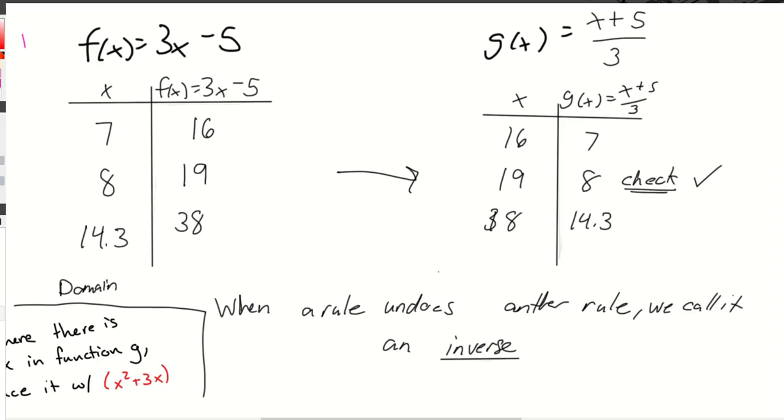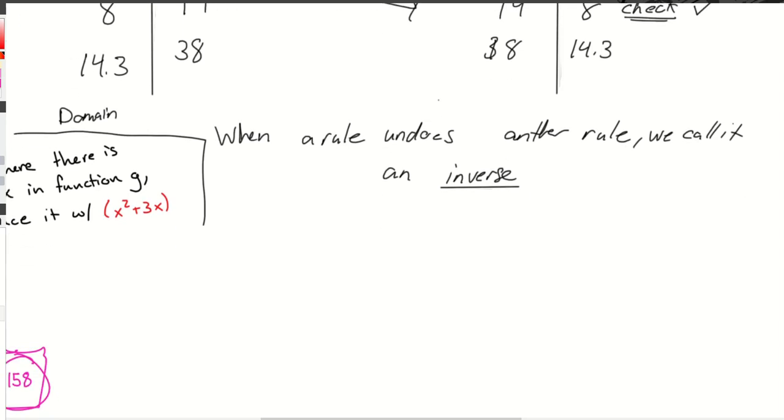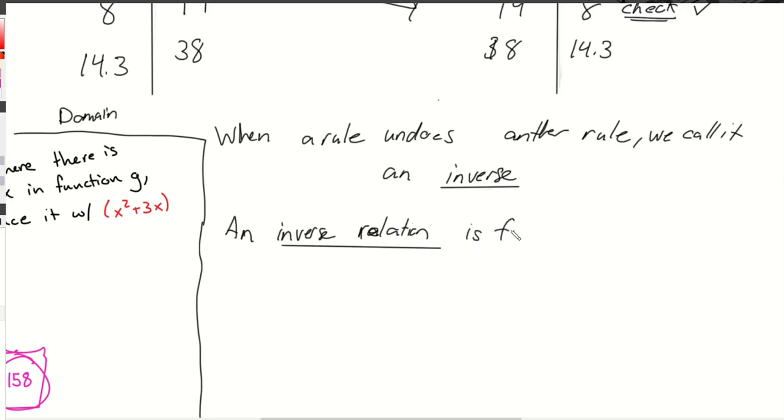So these two functions or rules are inverses of each other, which means we have an inverse relation. Which means we can flip the domain and range of each function.